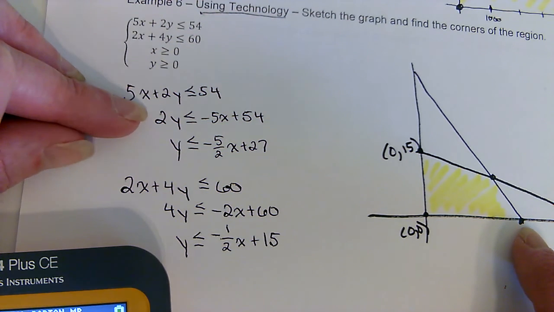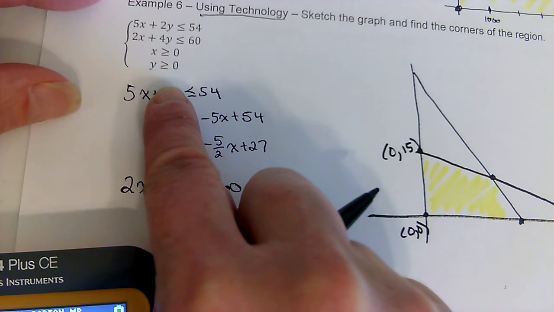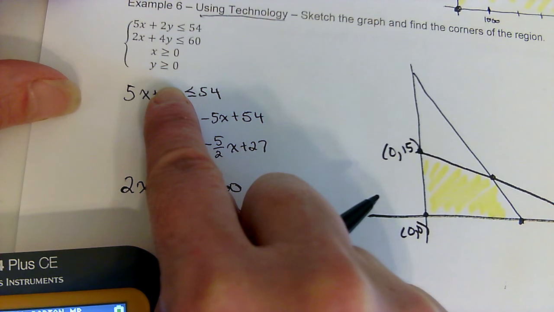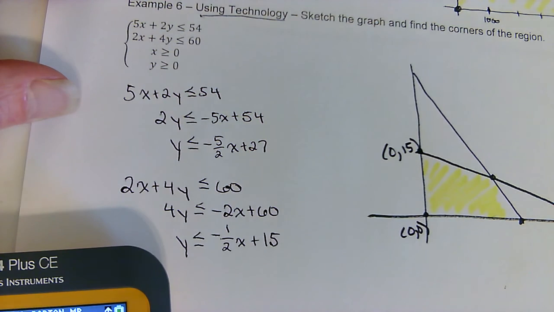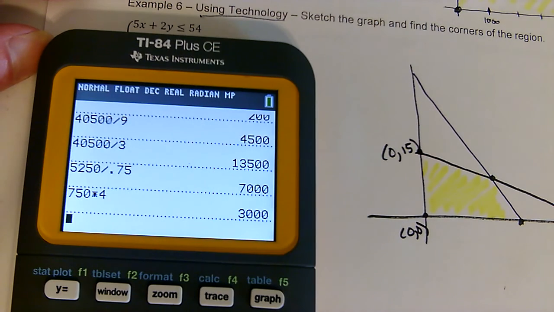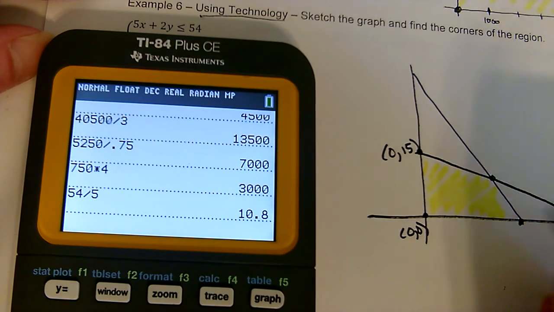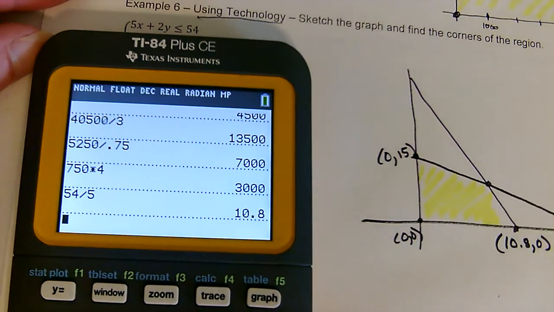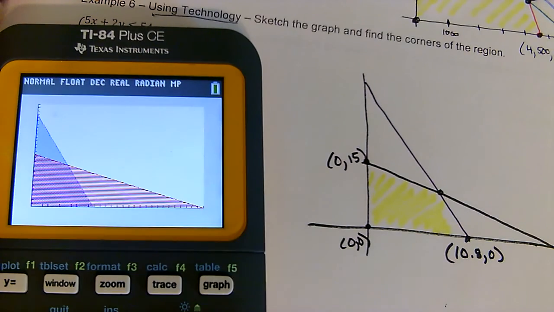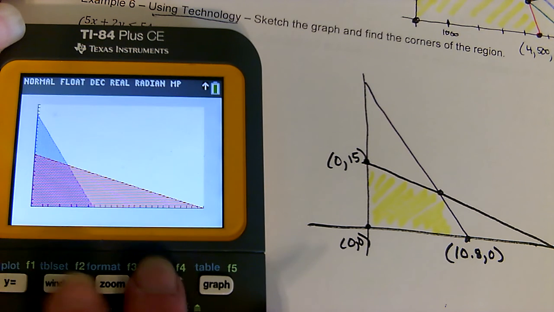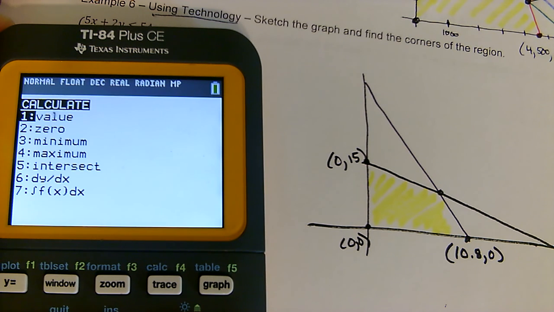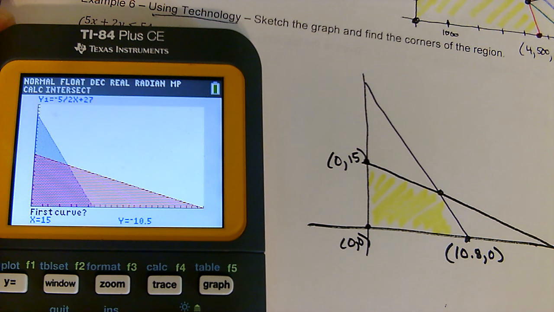So let's see where that would be. Well, if I put in 0 for y, I would have 54 divided by 5, which is 10.8, so this is 10.80. Now, how would I find the point that they intersect at? Well, the calculator can help you with that. If you do second calc, number 5 is intersect.